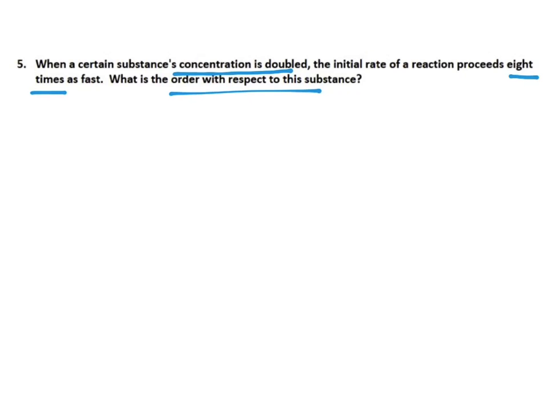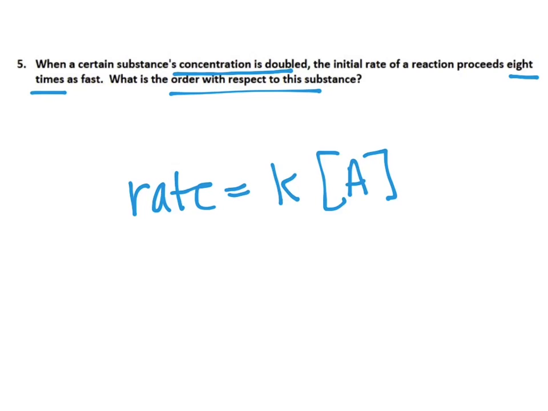Some of you can probably just look at this and come up with the order. But those of you who can't, this is what you are going to do. First of all, write the skeleton of your rate law. Rate is equal to K times the concentration of whatever you have to that power, X. We don't know what X is. That's what we're looking for.